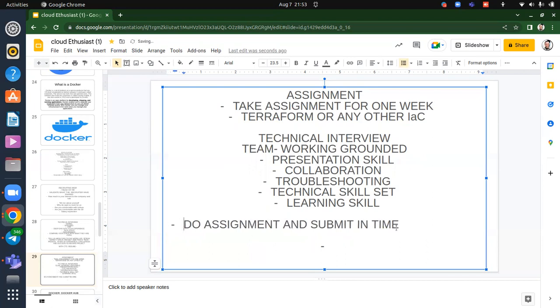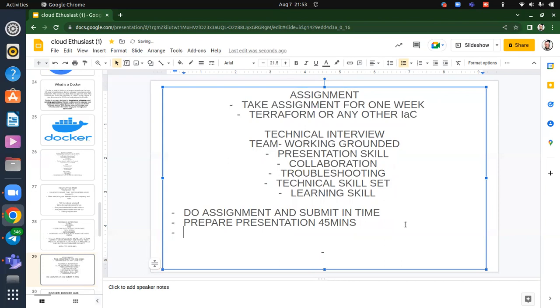Secondly, the second thing you should do is prepare a presentation that will last for like 45 minutes, on how you did the assignment.